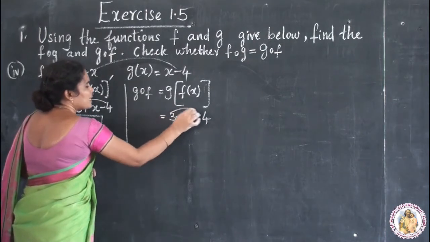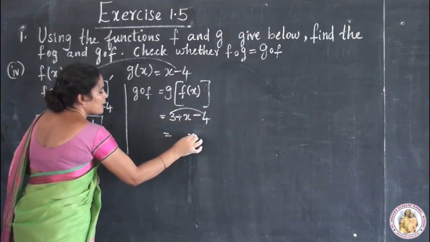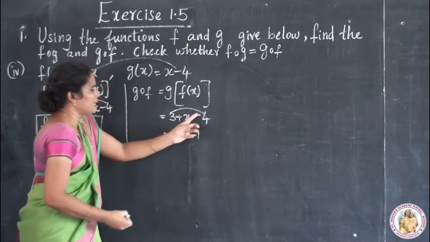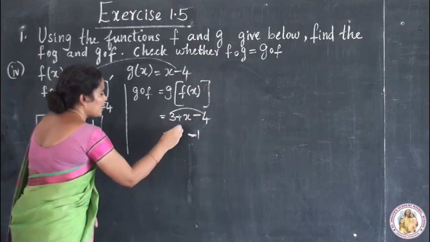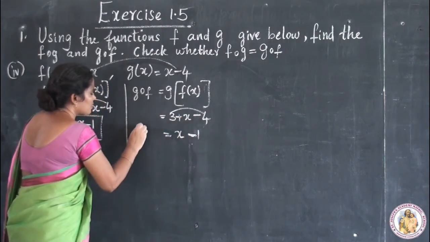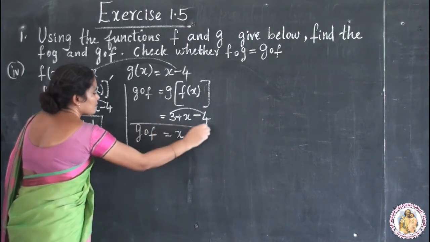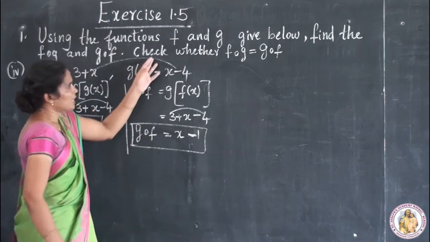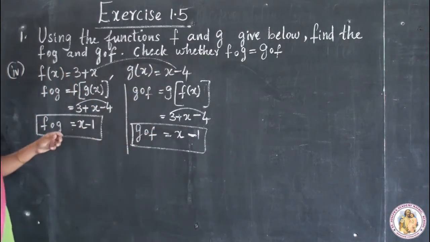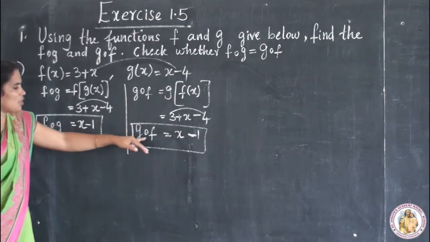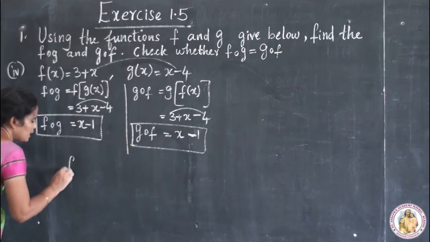Okay, 3 minus 4 is minus 1 because 4 is greater. So minus 1. Write this as x minus 1. Check whether f of g is equal to g of f. f of g and g of f are equal.